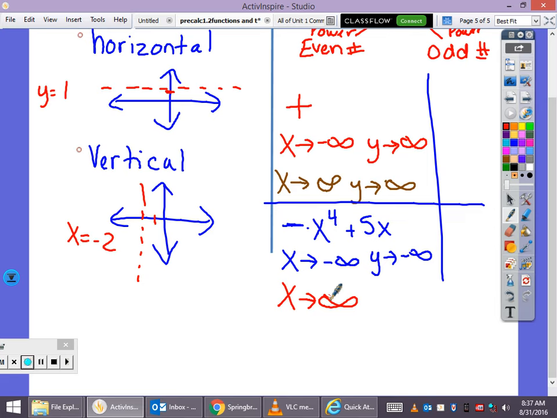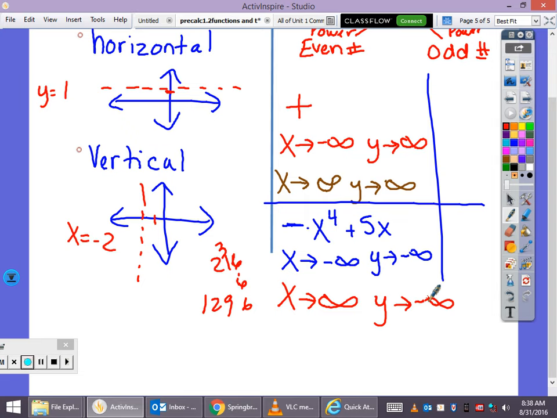That's a 6, carry the 3, 9. Hold on, I got to write it out. 6, carry the 3, 9, 1296. Okay. Positive or negative? Positive. But then I have to multiply it by a negative 1, so it's going to be negative. Make sense? Okay? So that's what happens with evens.